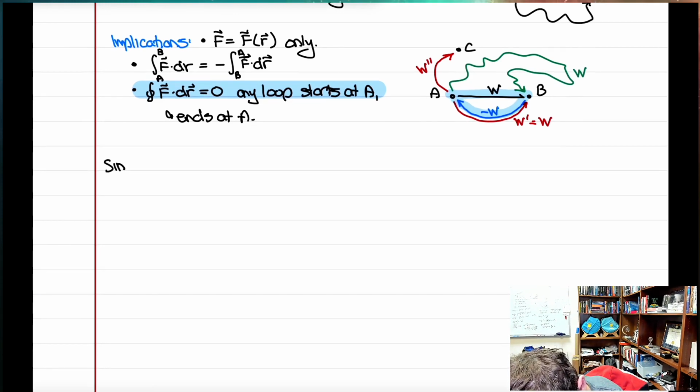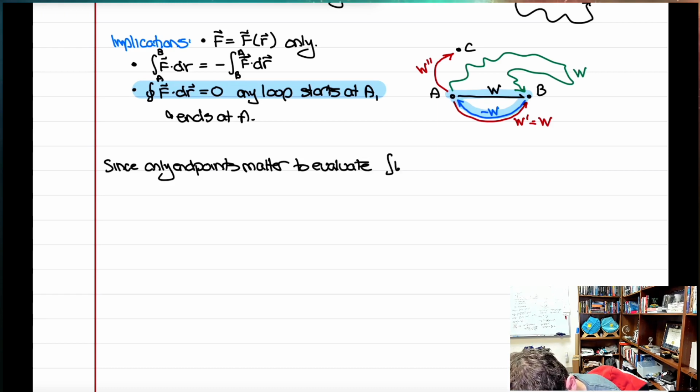So, since only the endpoints matter when you're evaluating the work integral of f dot dr, it only really matters what a and b are. Or rather, if you know what a and b are for that particular force, it seems like there's something you can do involving that force that you can then plug in stuff about b and subtract from it something about a.